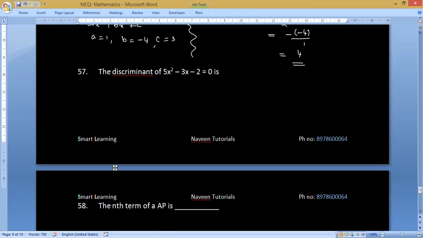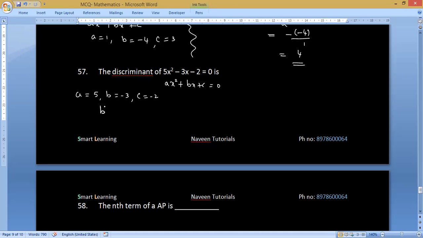In this question, the discriminant of 5x square minus 3x minus 2, compare with the quadratic equation ax square plus bx plus c equal to 0. The value of a is 5, the value of b is -3, the value of c is -2.